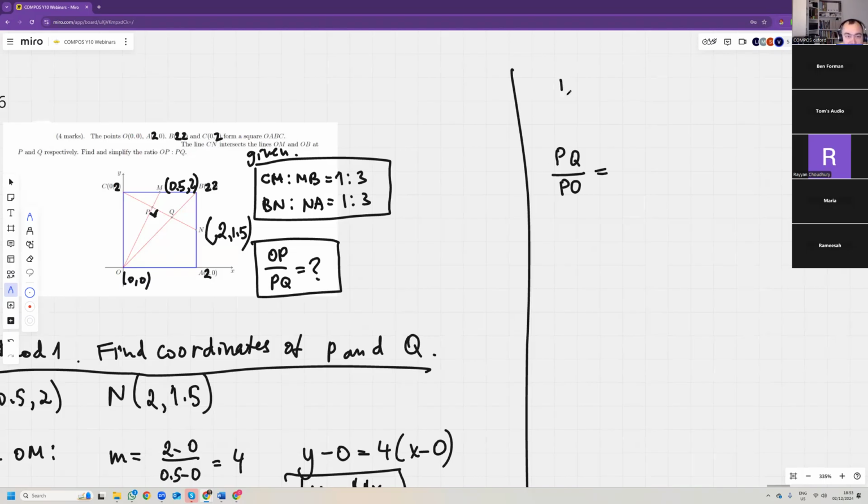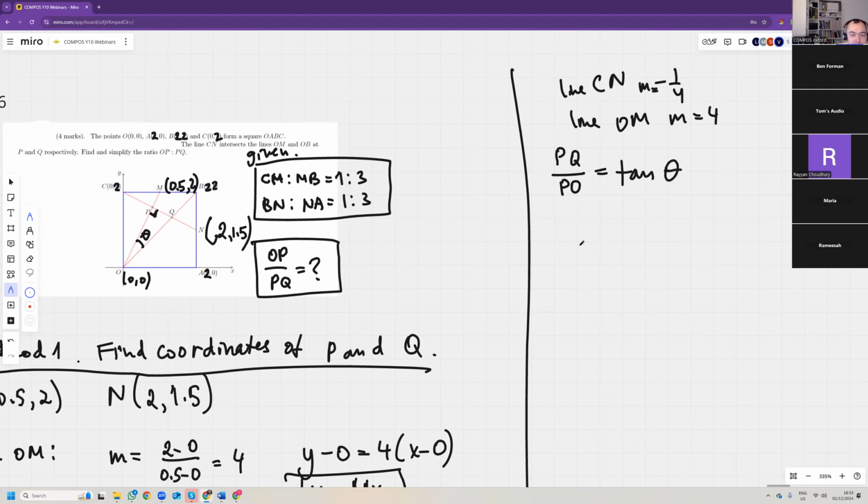Because line CN has slope minus 1/4, and line OM has gradient of 4, so they're perpendicular. So PQ over OP is the tangent of this angle theta.